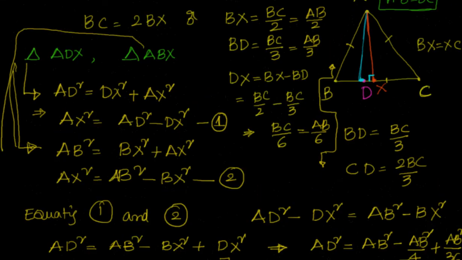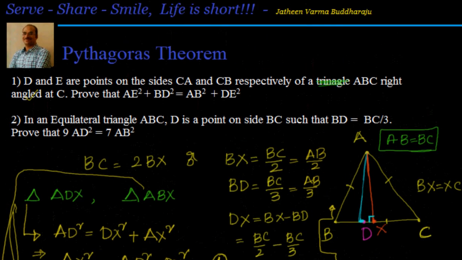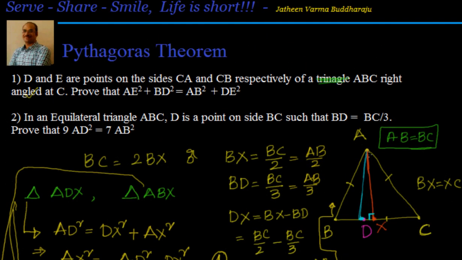So what we have done in this whole problem, one thing to remember is, you have to drop a perpendicular from A to BC. Since it's an equilateral triangle, if that point is X, then BX equals BC by 2. We know BD equals BC by 3 is given to us. We can find out DX is BC by 6.